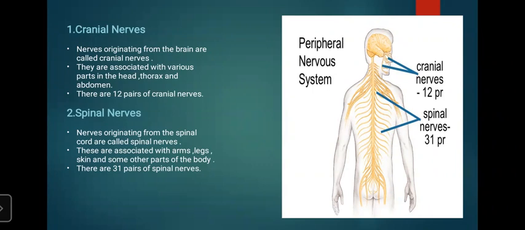Spinal nerves originating from the spinal cord are called spinal nerves. These are associated with arms, legs, and skin, and some other parts of the body. So there are 31 pairs. You can see in the picture. You can take screenshot also where the cranial nerves are present and where the spinal nerves are present. So cranial nerves are of 12 pairs and spinal nerves are of 31 pairs.